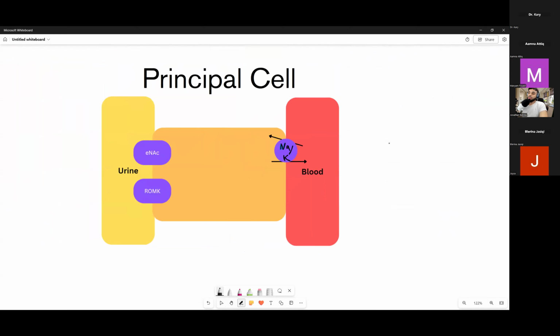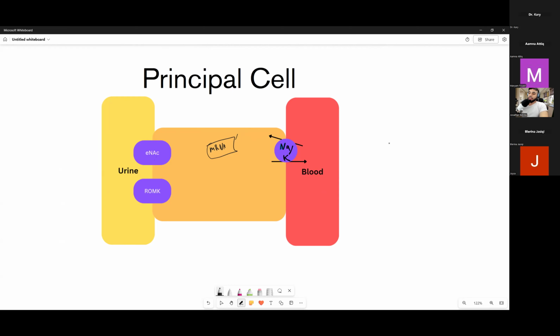When aldosterone comes into this principal cell, it's going to upregulate the transcription. It's going to promote more expression of sodium potassium ATPase, more expression of ENaC, and more expression of ROMK. So that way you'll be making more of these channels. Okay, that makes sense.